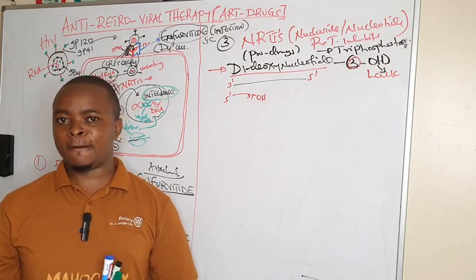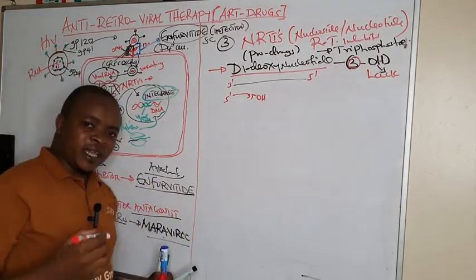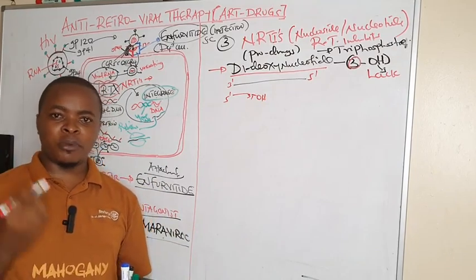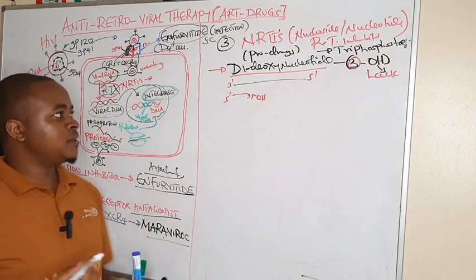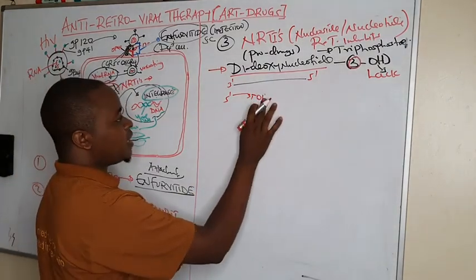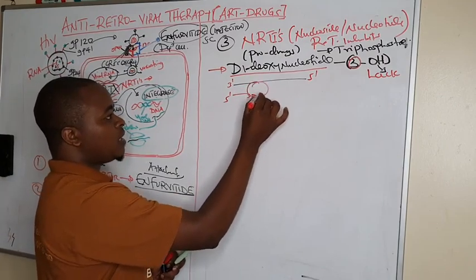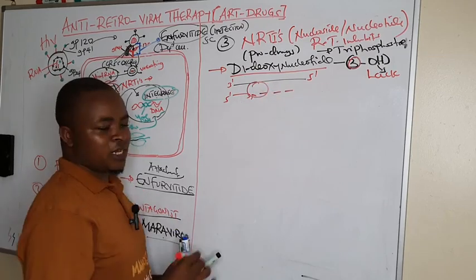So once this NRTI is incorporated by the DNA polymerase, remember it is lacking the OH group, so there is no way DNA polymerase can incorporate more nucleotide bases.